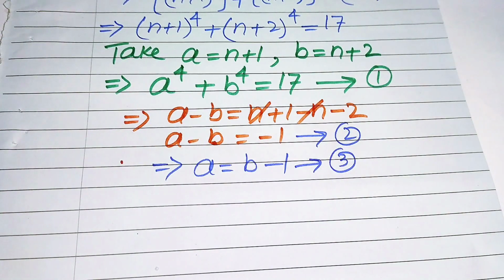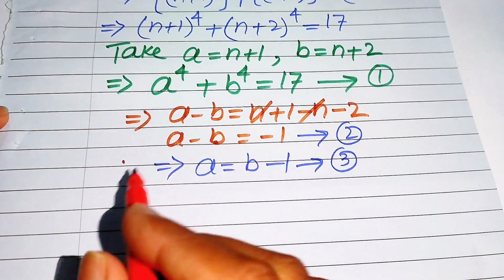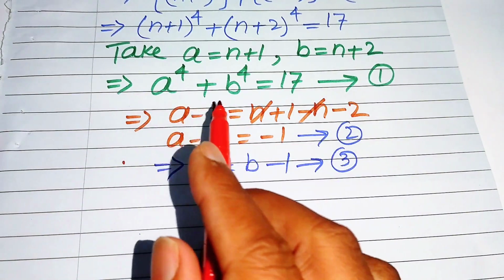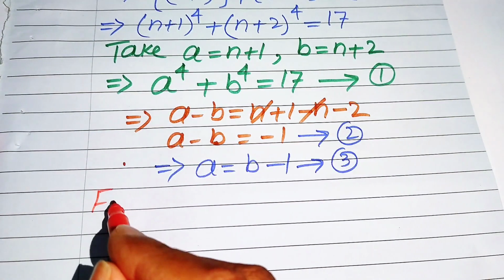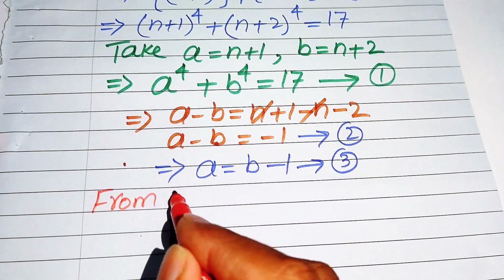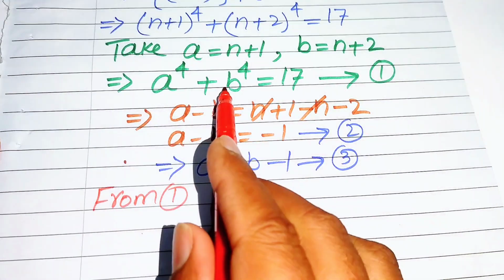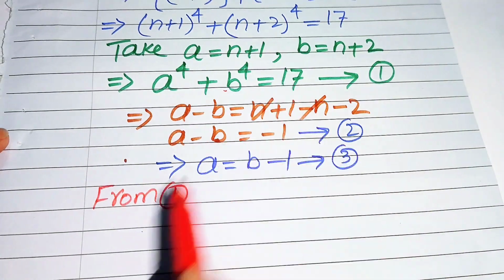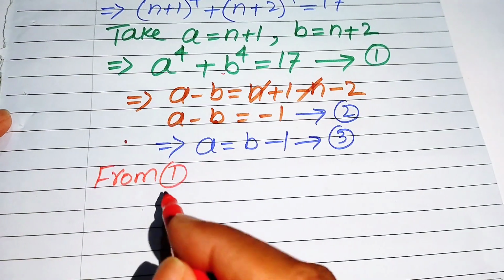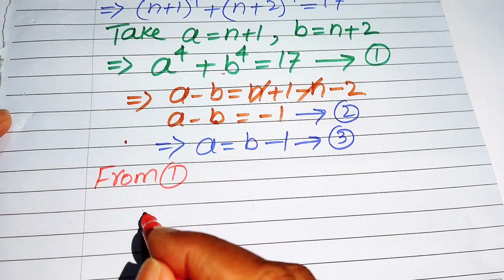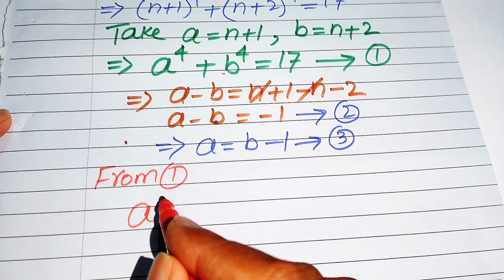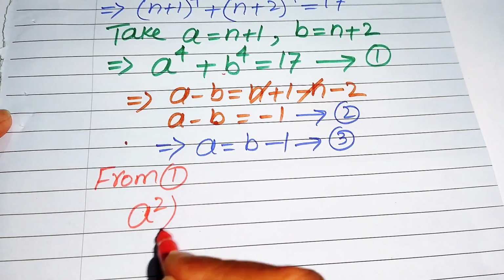First we focus on equation number 1 and further solve it. From 1 we have a⁴ plus b⁴ equals 17, and here we add and subtract 2 times a² b².